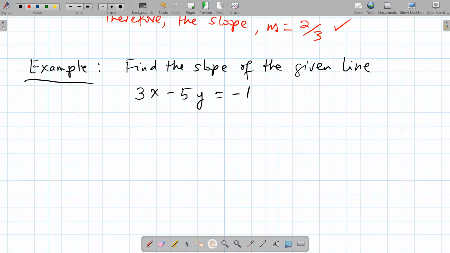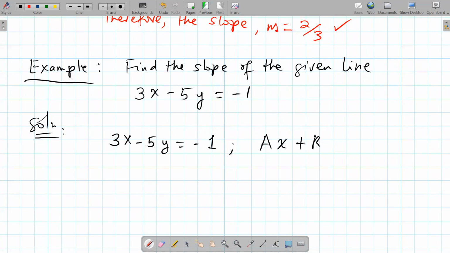So I'm going to do this in two ways. So I have my 3x minus 5y equal -1. And I'm going to compare with the general standard form of an equation. So look at it carefully.